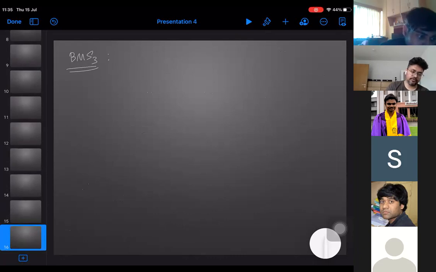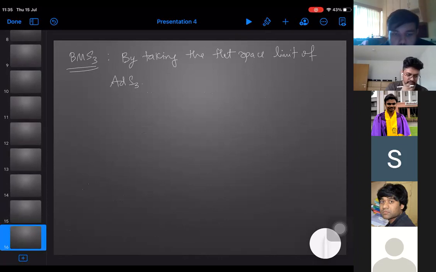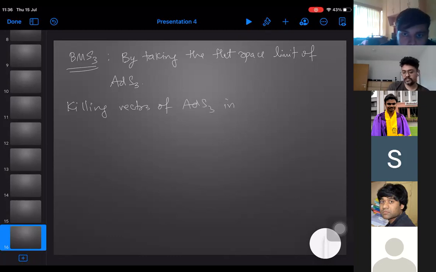Here what we will show is by taking the flat space limit of AdS3. So let us look at the Killing vectors first. We will look at the Killing vectors of AdS3 in the global coordinates.